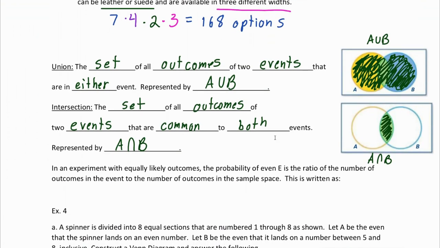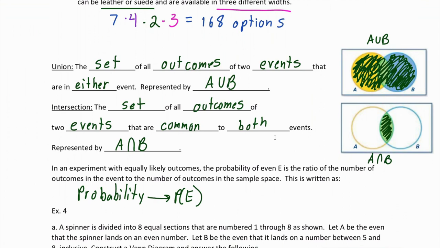So in an experiment with equally likely outcomes, the probability of event E is the ratio of the number of outcomes in the event to the number of outcomes in the sample space. Here we're talking about probability, which we write as P of E, with E representing some event, like you play soccer.